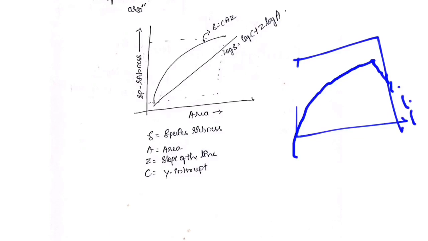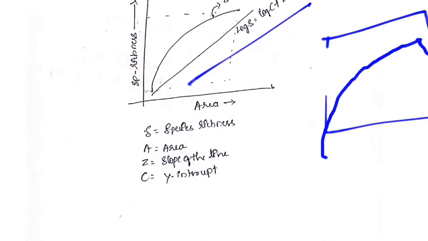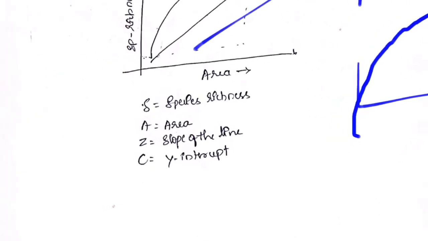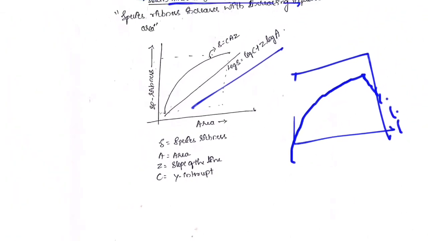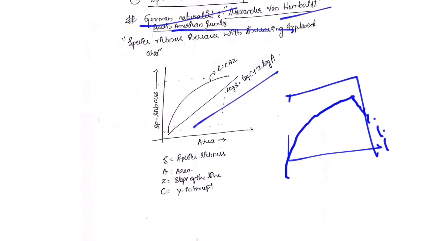When we apply a log, we get a straight line. So it is log S equals log C plus Z log A, where S is species richness, A is area, the slope of the line is Z, and C is the y-intercept. So this is about the species area relationship.